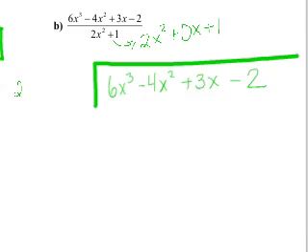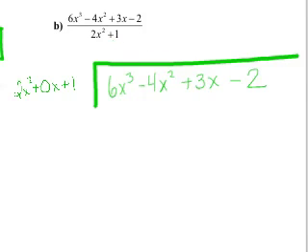So that goes on the outside. 2x squared plus 0x plus 1. All right, and then we basically will start. Let's parenthesize this just so we make sure we distribute everything. Your focus is on the 2x squared.